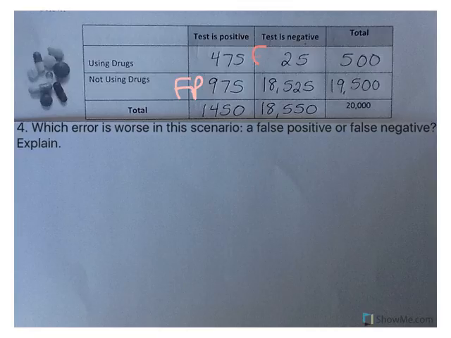Now, a false negative means people test negative, but they're actually druggies. If you've got somebody who's shooting up heroin in the bathroom and they're high all the time and they're running a forklift or a crane, right? They could kill people. So a false negative, I think, could be very, very troublesome. But really, it's probably going to depend on the company and what you're doing.